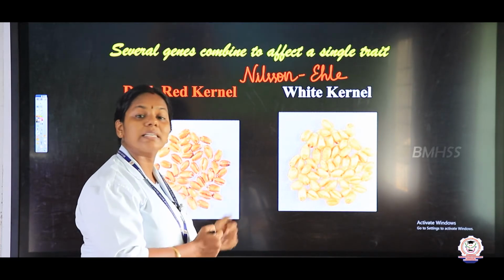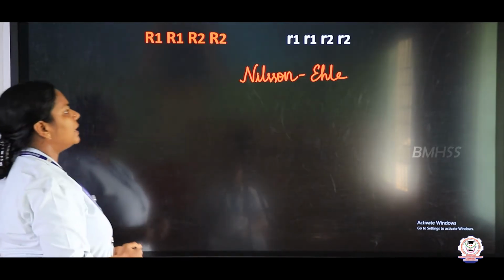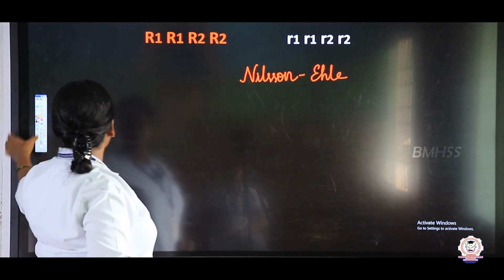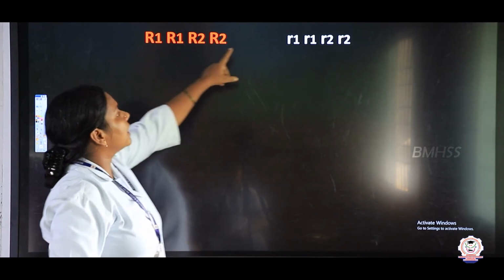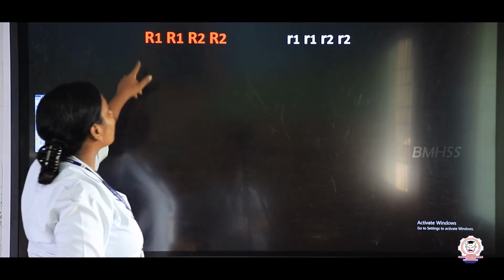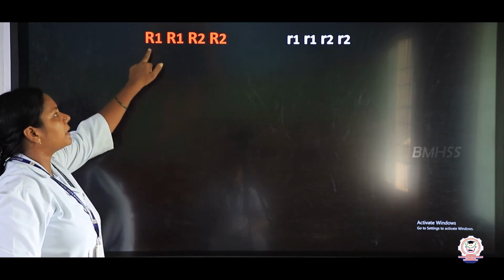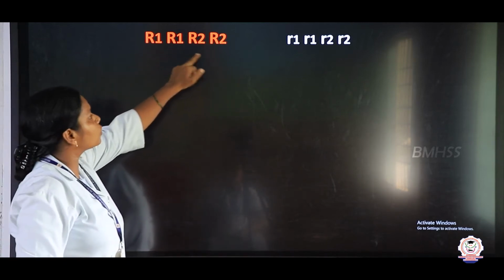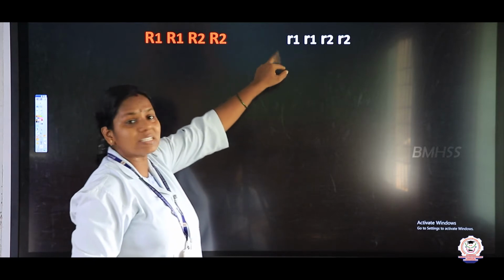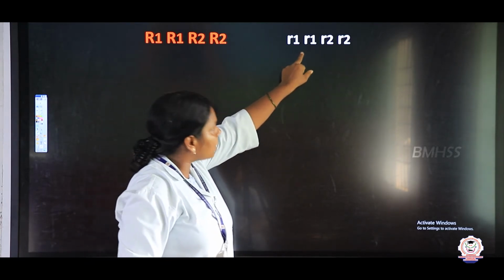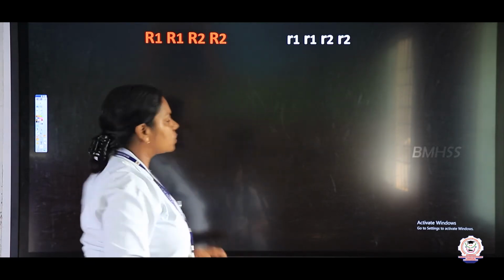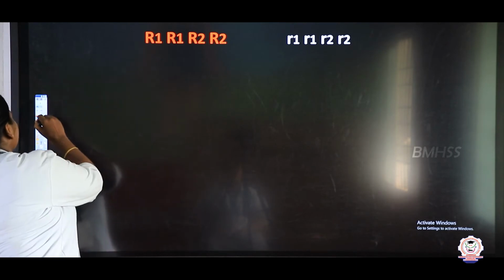So now let us see the alleles of it. The dark red kernel was crossed with the white. The alleles of the dark red are capital R1 R1 R2 R2, and the white is small r1 r1 r2 r2. So now what will be the combinations you get, children?